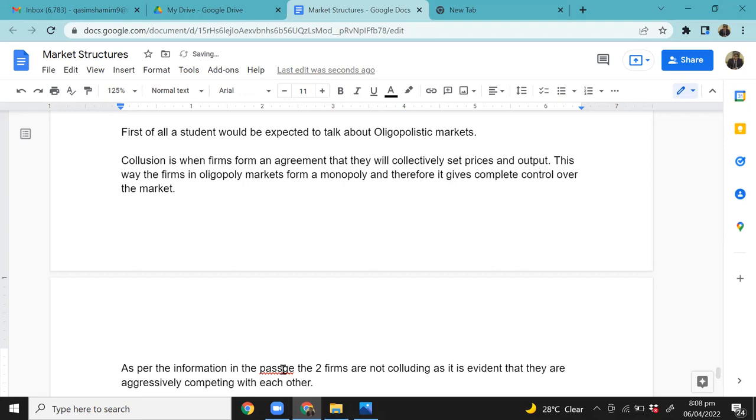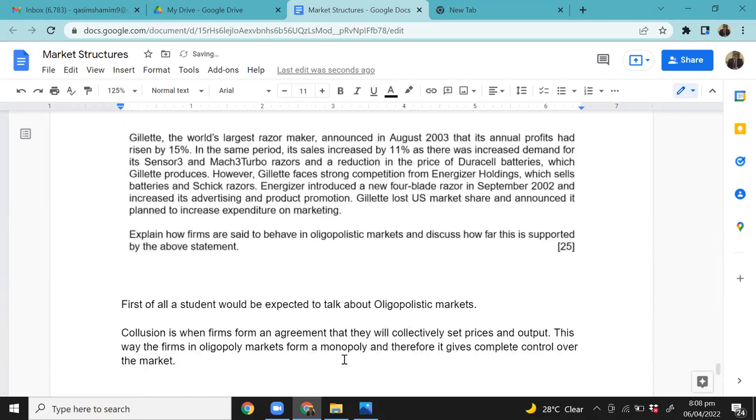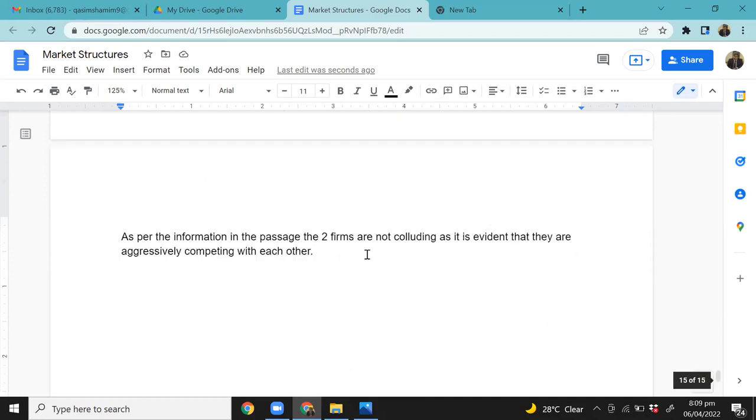Do you agree with me or not, right? So based on the information in the passage, you can clearly tell that the two firms are not colluding. They are not setting their prices together. They're not controlling the output in the market. Instead, they're aggressively competing with each other, right? Because each company is trying to attract more customers, trying to offer them low prices and all that, right? Yes or no, right? So that's not supporting the fact that the firms are oligopoly, right?